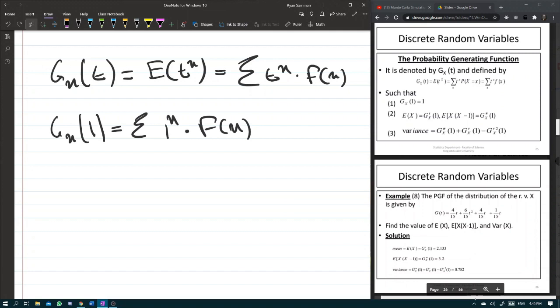And as I said, you could just move this to the outside. So 1 times x times the sum of f of x.